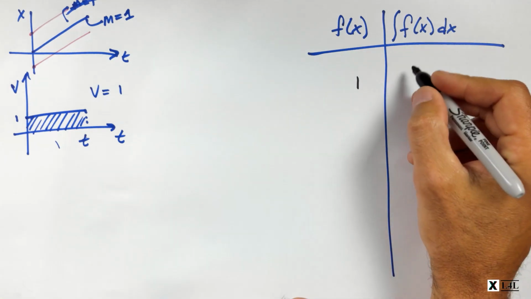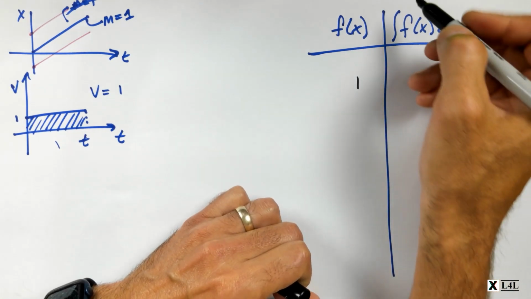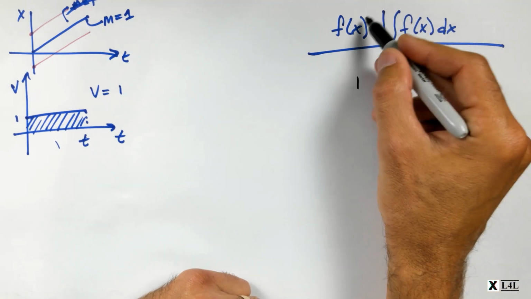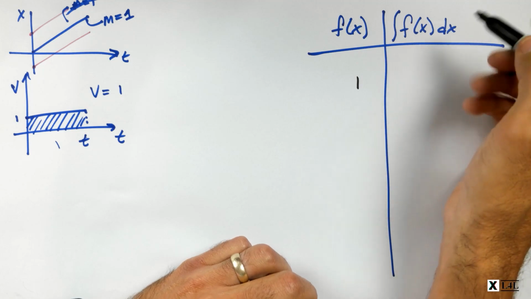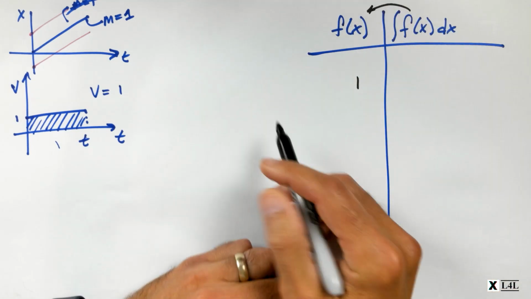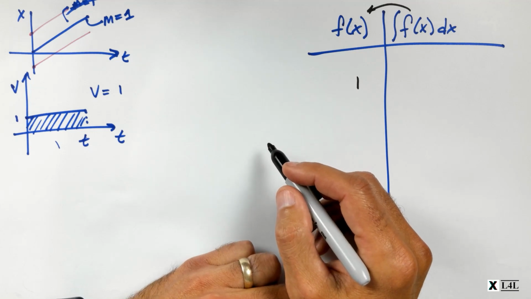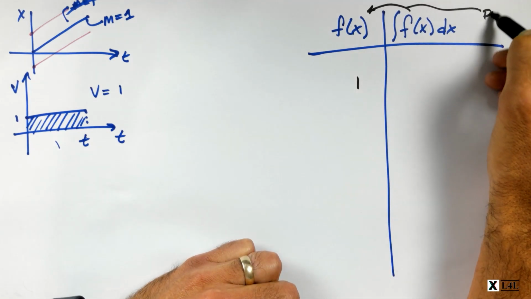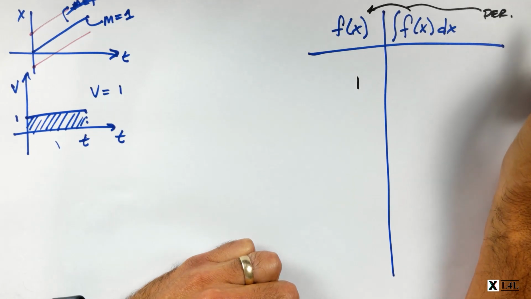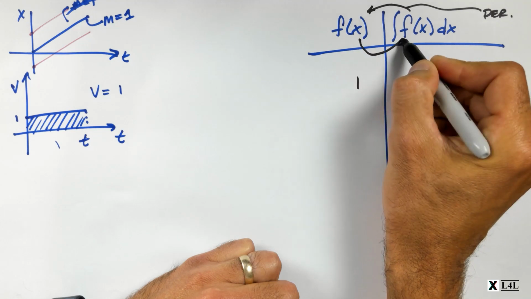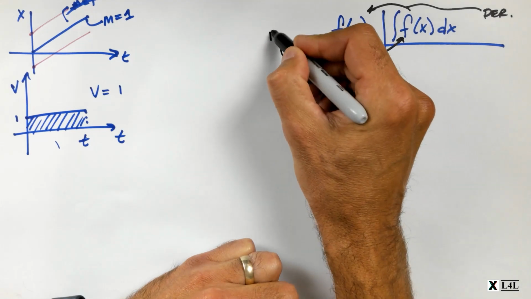Well, again, to go from here to here, if I go this way, from the integral of f of x to there, that's really me taking the derivative. And to go from here to here, that is me taking the integral.